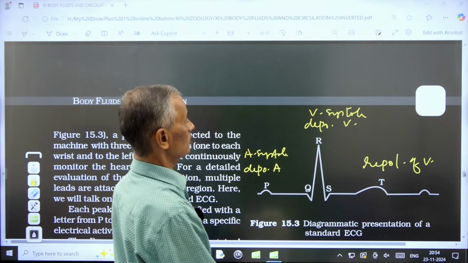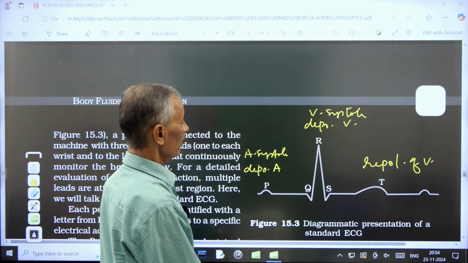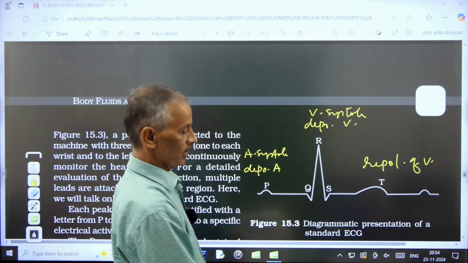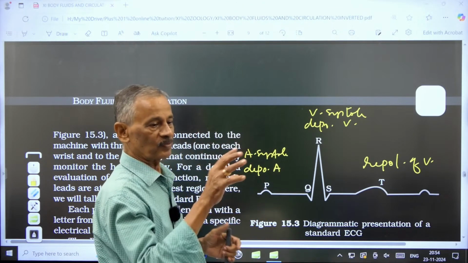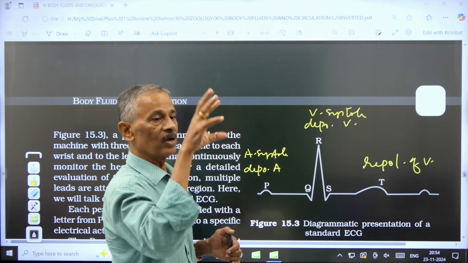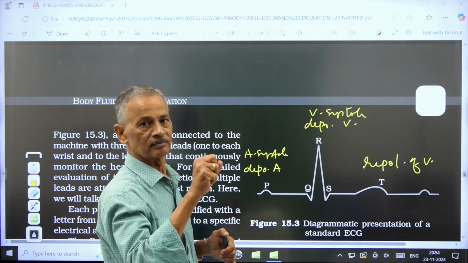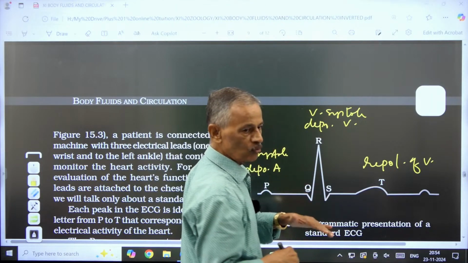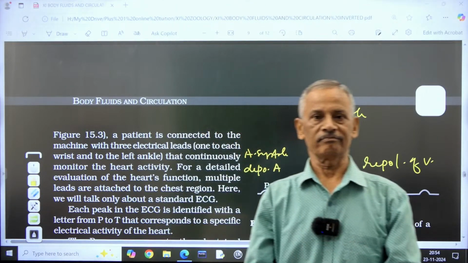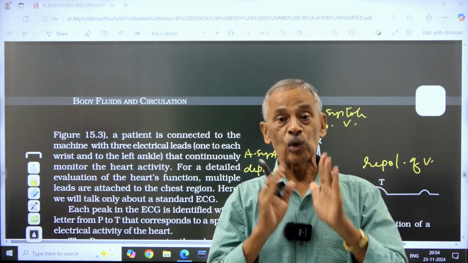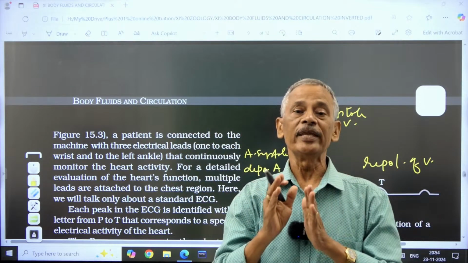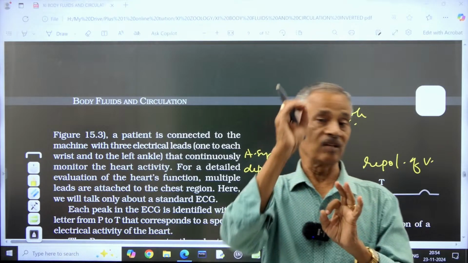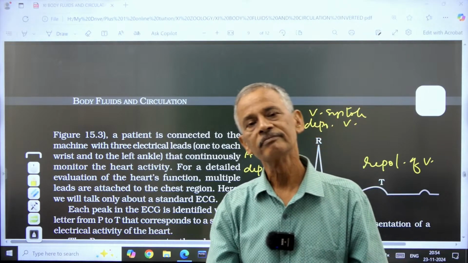QRS wave occurs when the ventricle is contracting. So the number of QRS waves in a minute represents the number of times the ventricle is contracting. Then the amplitude of this wave shows the strength of contraction. So if the QRS wave is very different from normal, then they will say that the heart has a pumping problem.